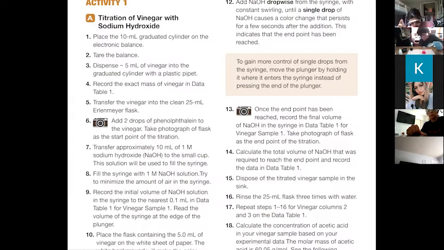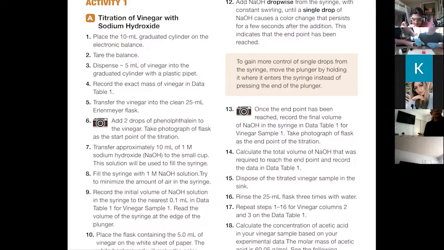So what's the volume on your syringe now? About 5.5. We started at 10, so how much did we put in here? 4.5. That's right, 4.5 mils.